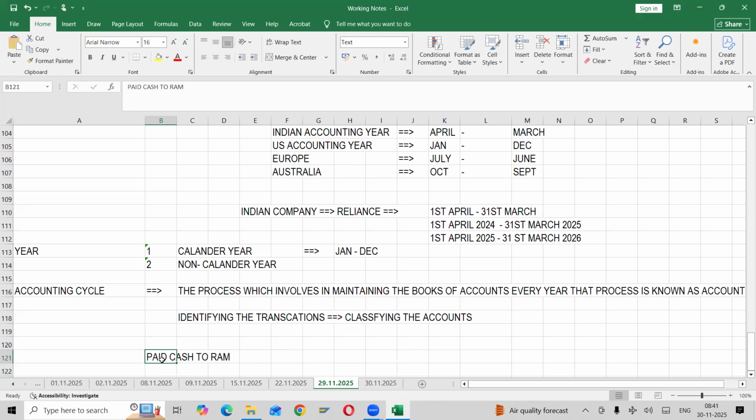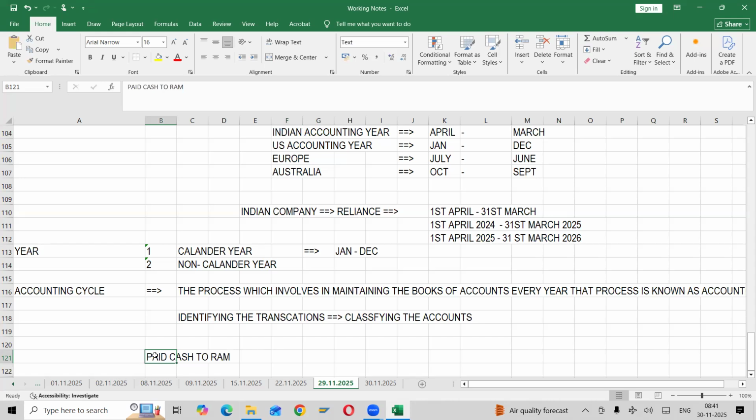So what kind of transaction? Cash transaction. So we have identified that. And what are the accounts involved? There are 3 types of accounts: personal account, real account, nominal account. I think we have not yet covered nominal account, but still, what are the accounts involved in this?